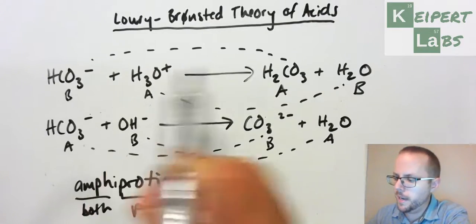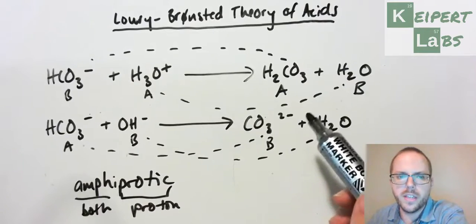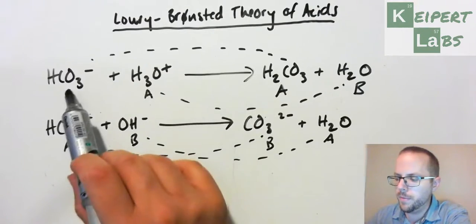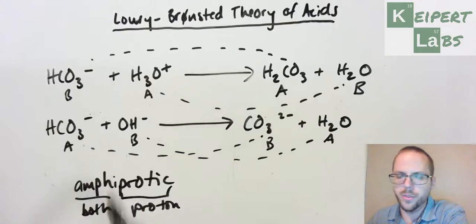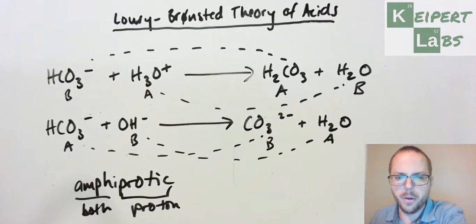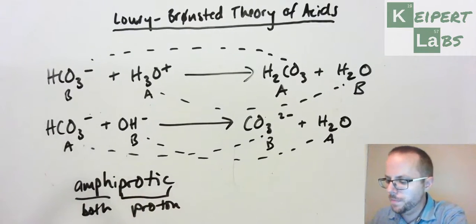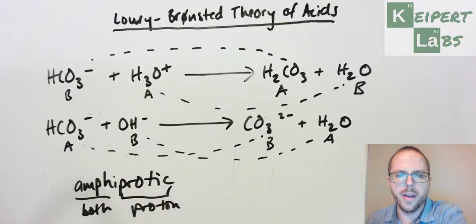We always have two pairs of substances, two things on the left and on the right, but we can also say that we have related pairs before and after, and we call them conjugate acid-base pairs. The only difference between them is a proton, and we see that there are some substances, like this bicarbonate ion, that are amphiprotic, able to both donate and accept protons. Okay, that about covers it for our introduction.